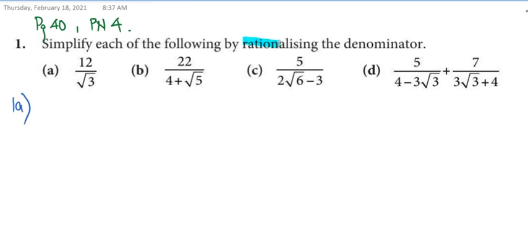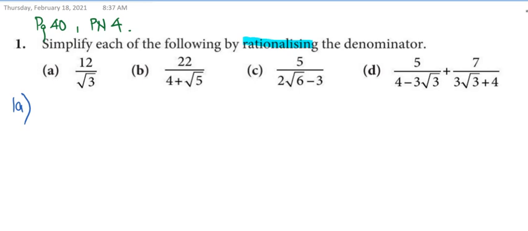What's the idea behind rationalize? You multiply by the square root number. But why do we need to do that? To remove the root. Very good.